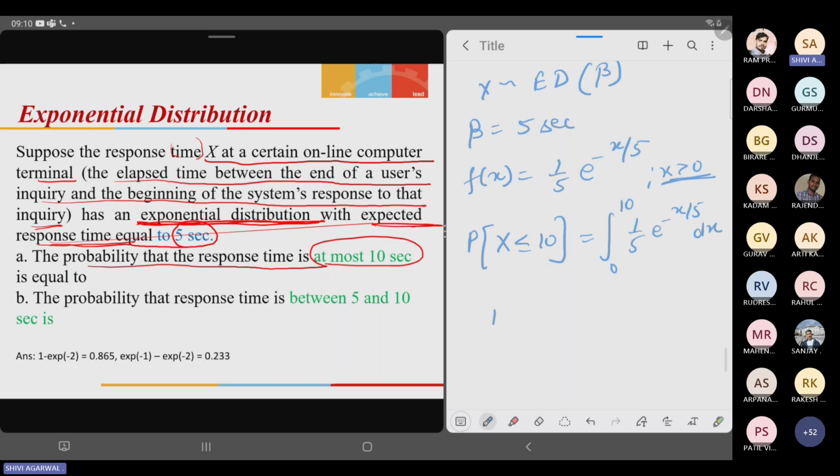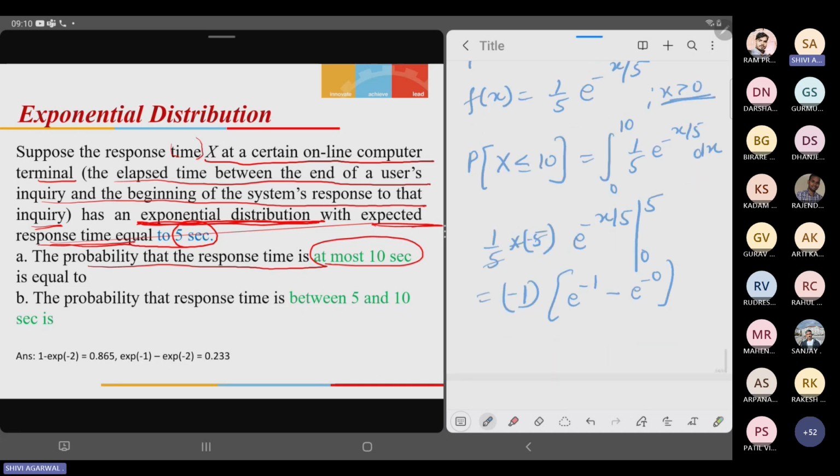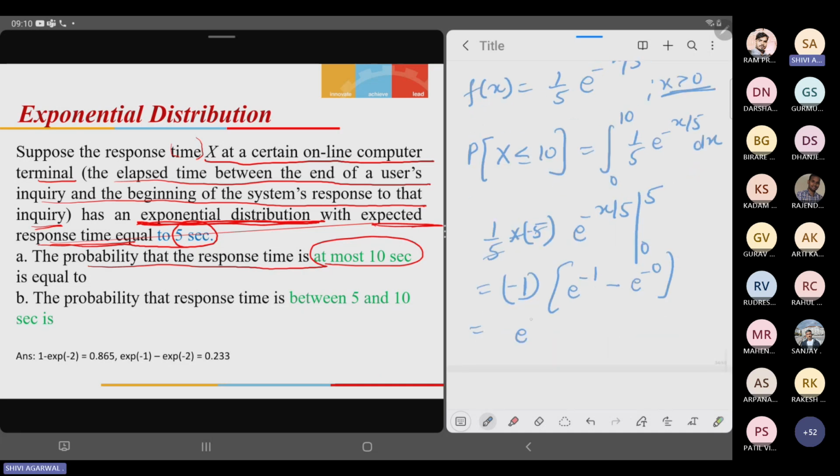So we can say 1 by 5 multiplied by 5 with minus sign, and e to the power minus x by 5, and the limit is 0 to 5. So this becomes minus 1, and the limit is e to the power minus 1 minus e to the power minus 0. So that will become 1 minus e to the power minus 1.